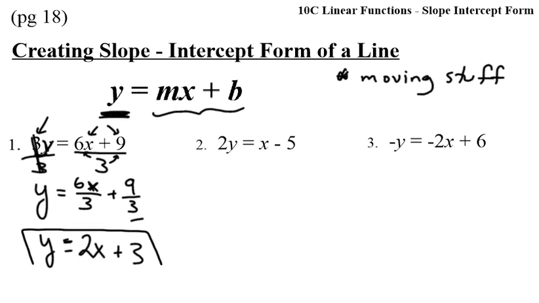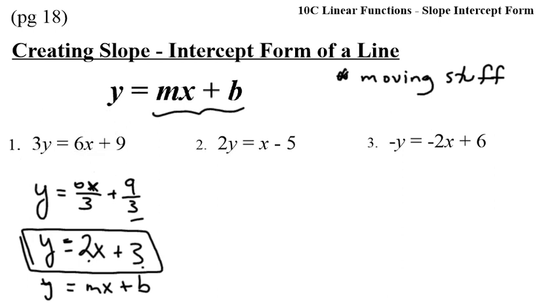We have y isolated, and we now have y equals mx plus b. Our slope is 2. Our y-intercept is 3. We didn't know that at the beginning because y wasn't by itself. But when we manipulate to get y by itself, well, now I can identify slope and intercept, and that's going to be useful.